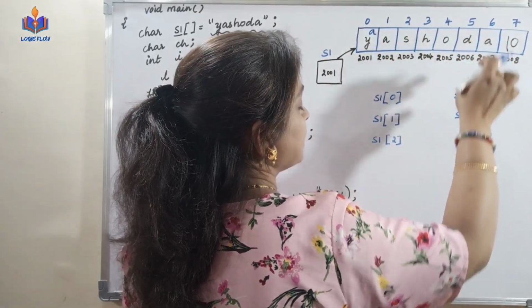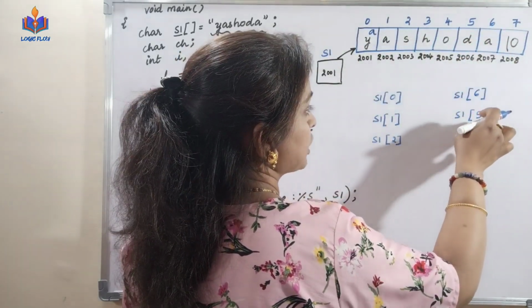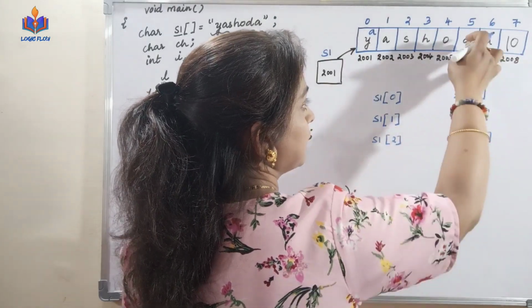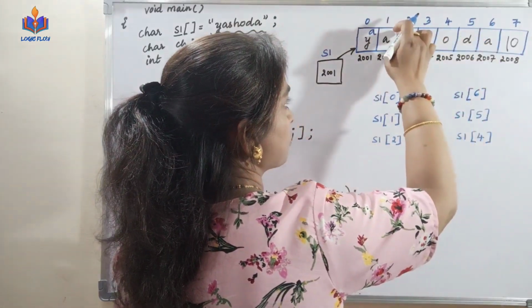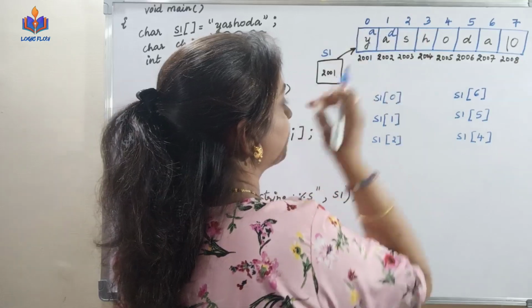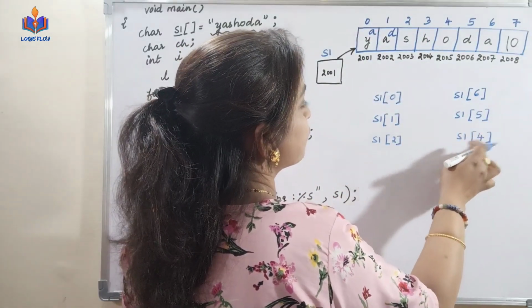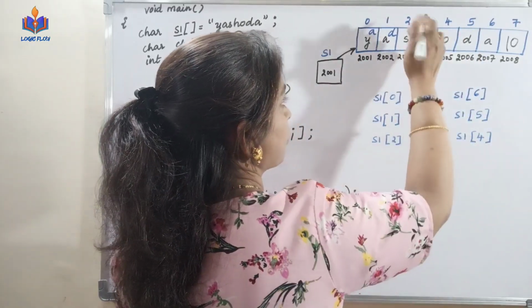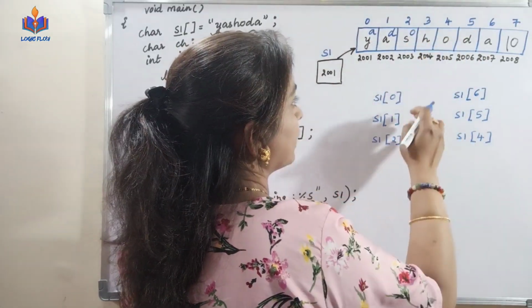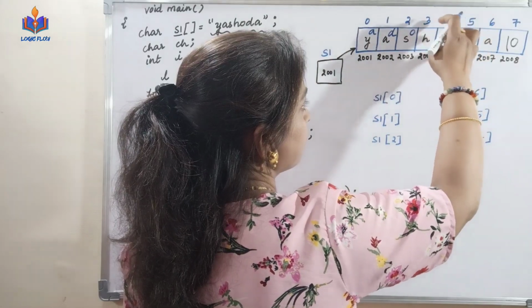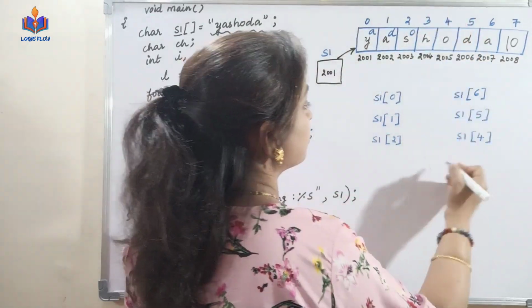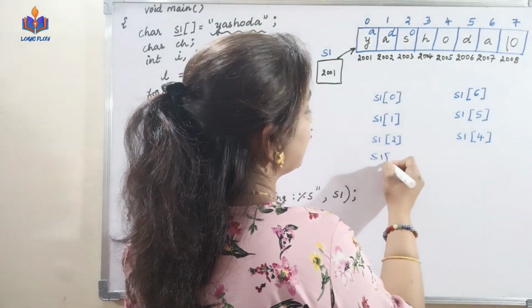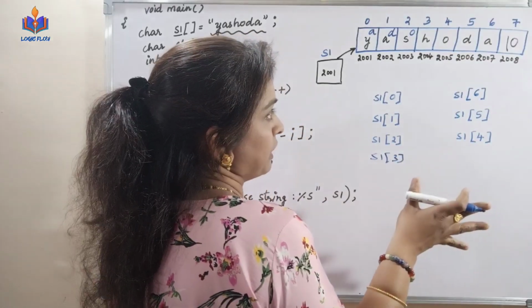Then S1 of 5, which is D, has to come to S1 of 1. So D will come here. Then S1 of 4, which is O, will come to S1 of 2. Then when I come to S1 of 3, it remains there itself. There is no swapping required here.